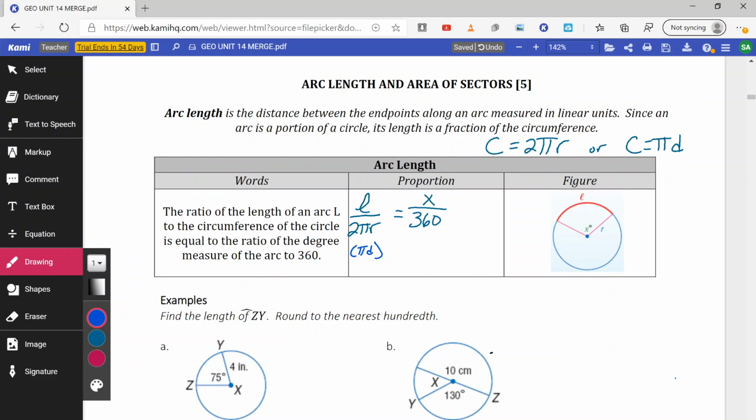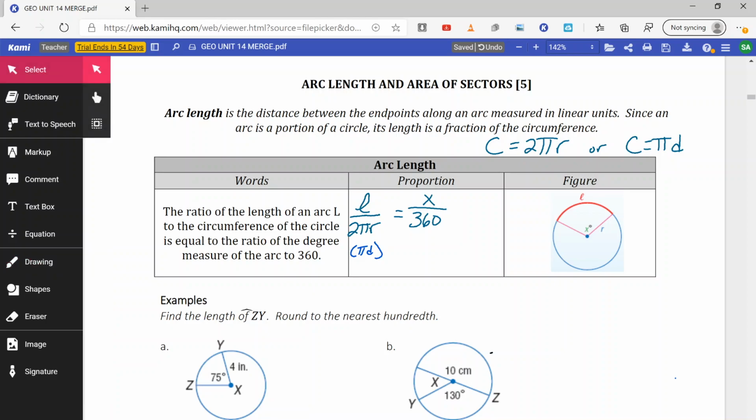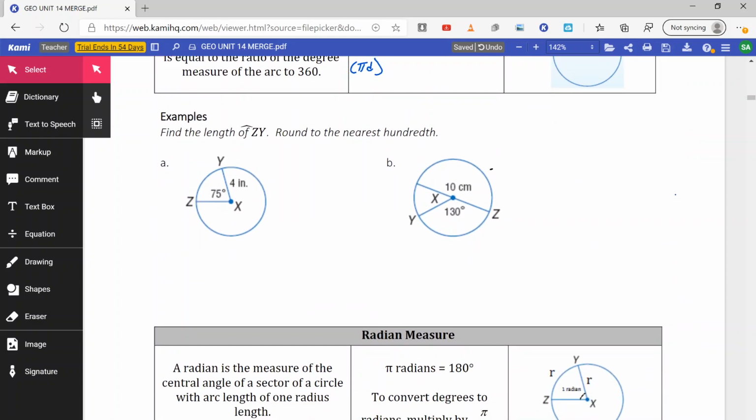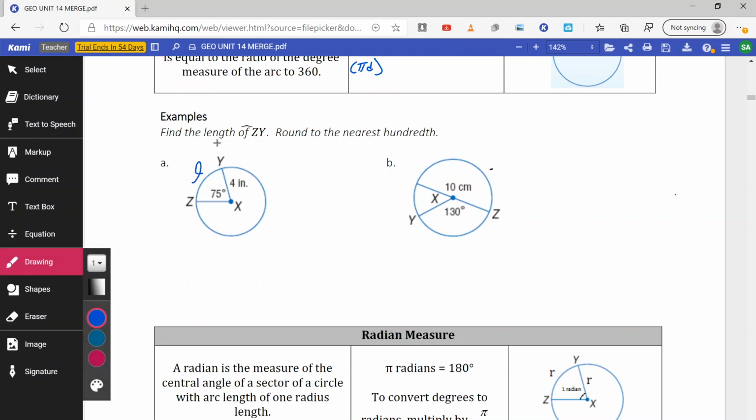So depending on what we're given, we're either going to have 2 pi r in the denominator of our first fraction or pi d. So we have to find the length of arc zy in these circles and round to the nearest hundredth. So here we're given radius r, central angle 75, and we need to find the length of our arc here.